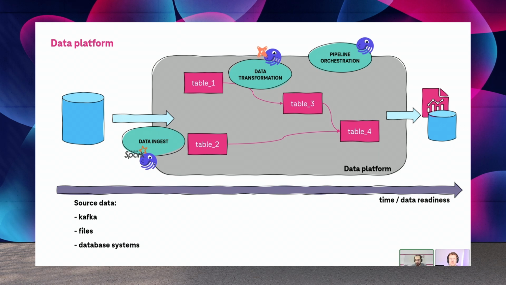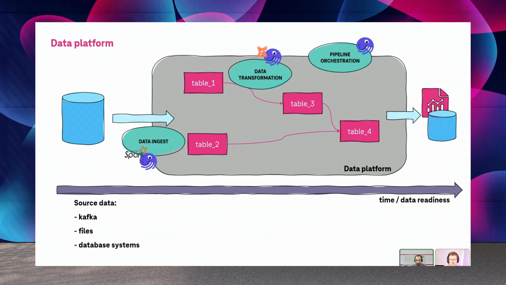And as Georg already said, we are heavily building on top of the asset-based orchestrator Dagster, and that Dagster is actually integrated in each and every piece of the end-to-end pipeline on top of our platform.